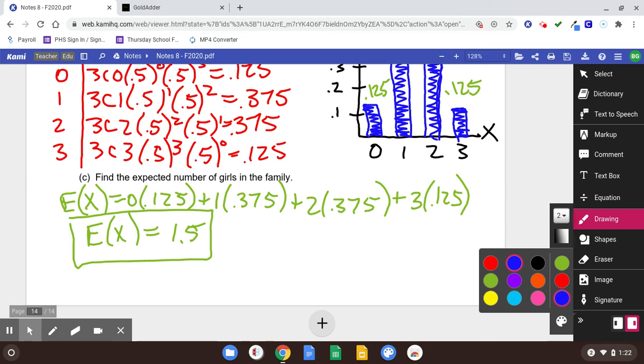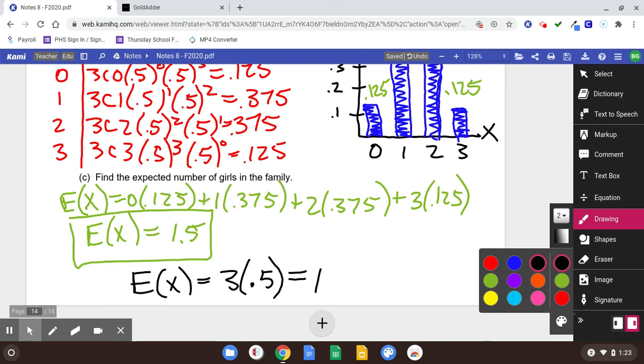We could have instead said np. The number of trials in this experiment is 3, and the probability of finding a girl is 0.5, so you'd have 3 times 0.5. 3 times 0.5 equals 1.5. Okay, so that was maybe a little bit faster.